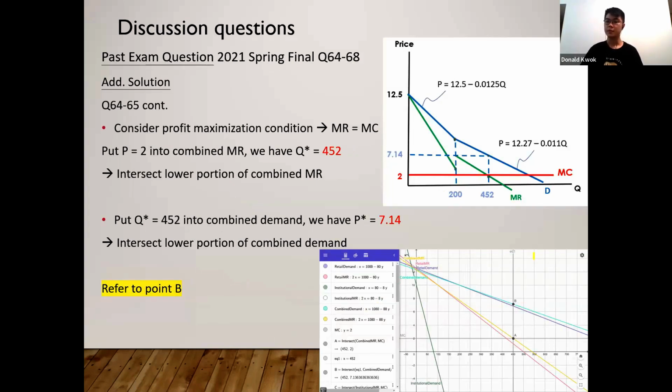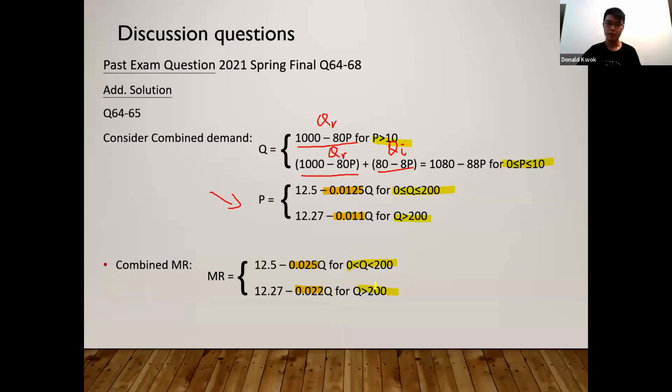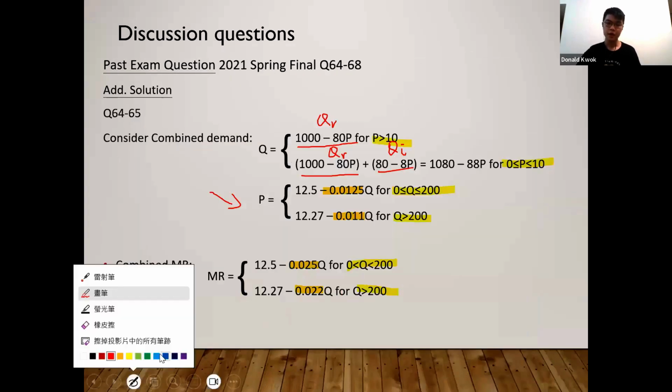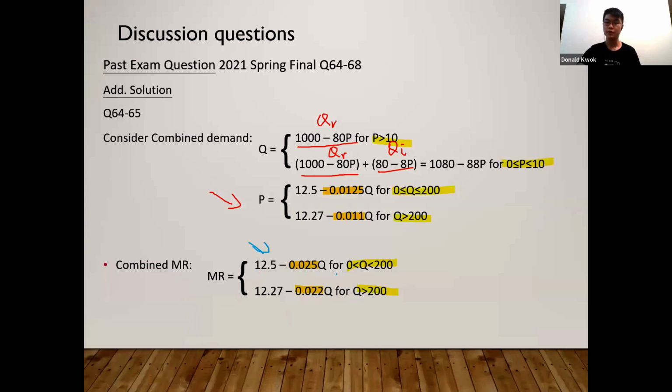Now we can move on to step 3, to apply the profit maximization condition MR equals MC to find the profit maximizing output. Likely you may ask, do we put the marginal cost of $2 back into the first expression of marginal revenue or the second expression? If you put the marginal cost of $2 into the first expression of MR, you will find the corresponding quantity is greater than 200, which is inconsistent with the quantity range.